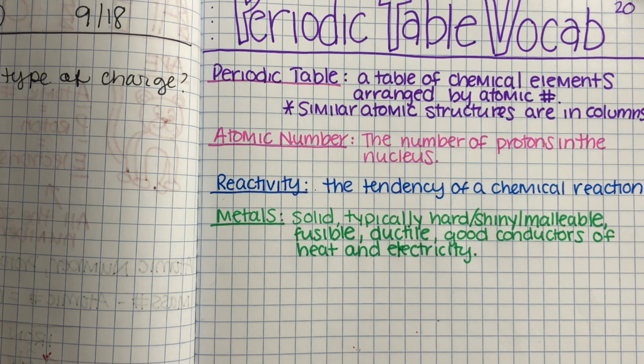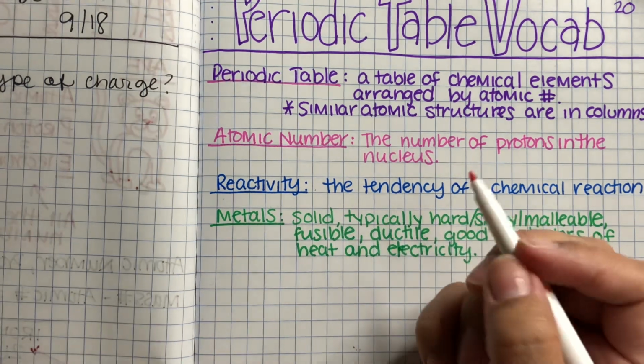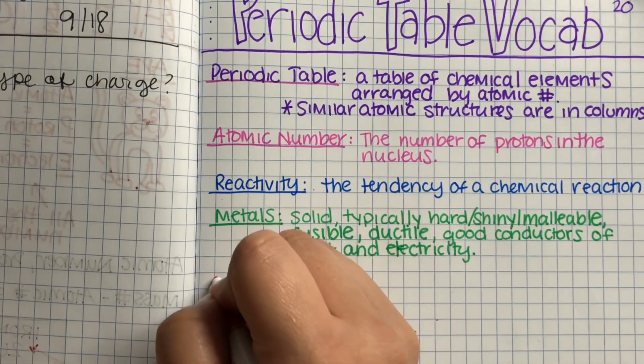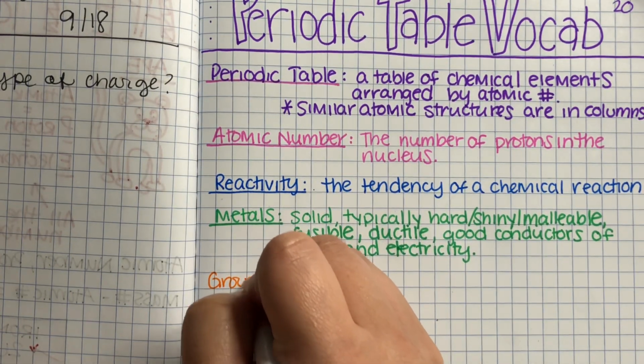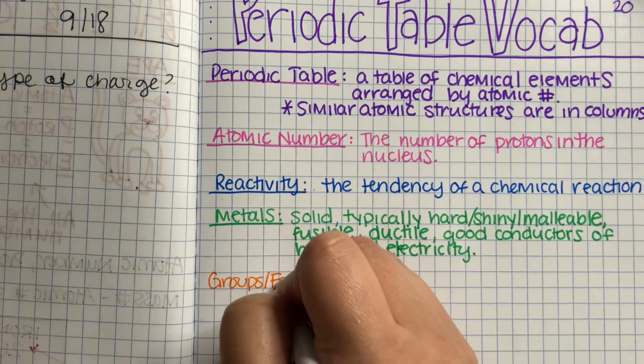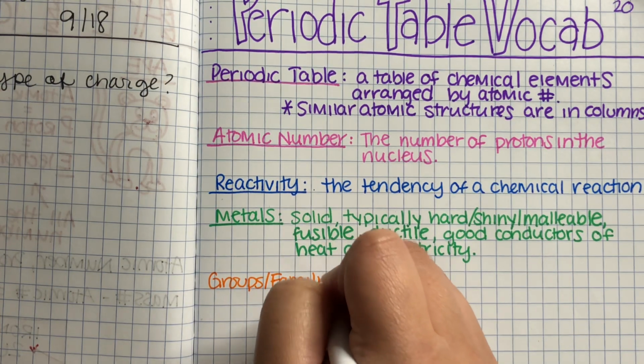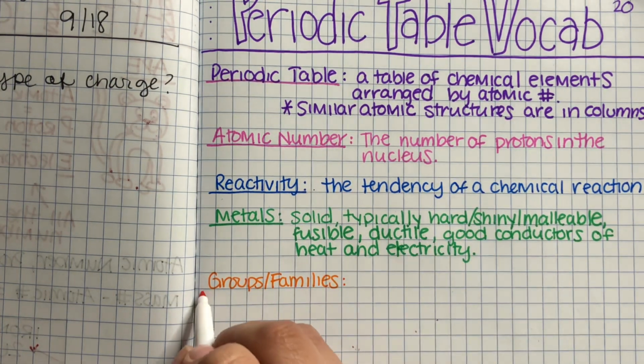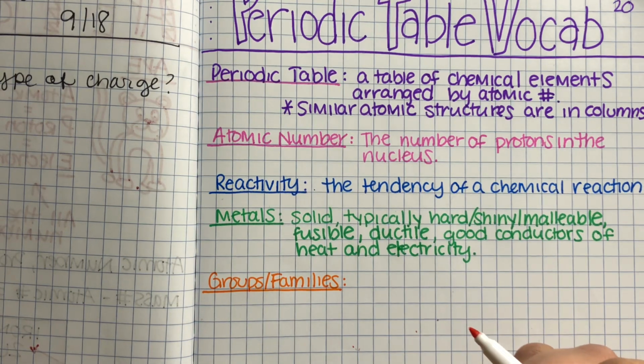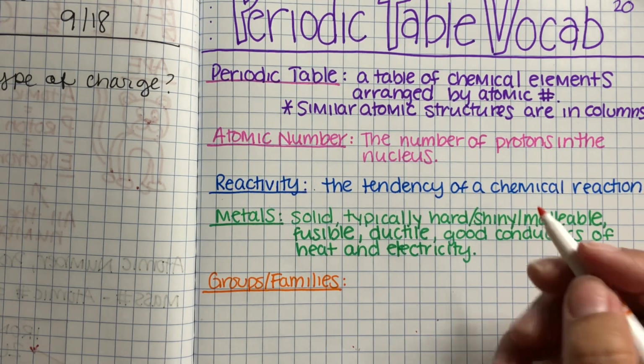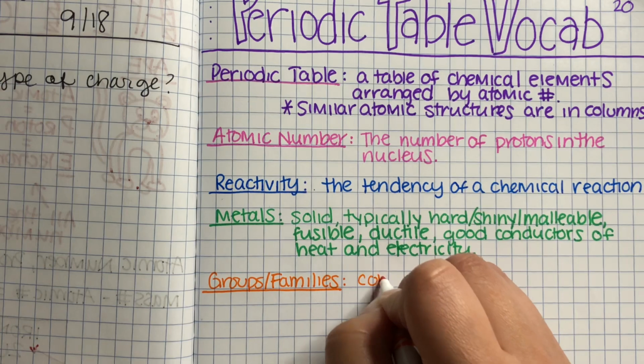All right, and then next we have groups and families. All right, so groups and families, they are columns of elements.